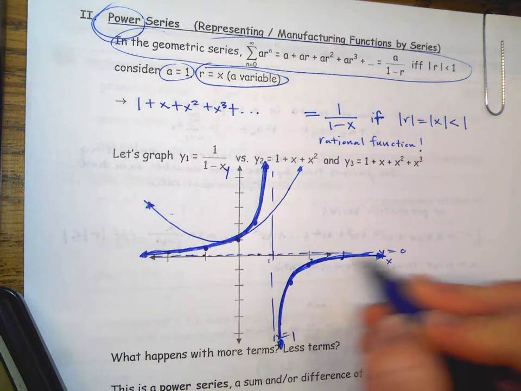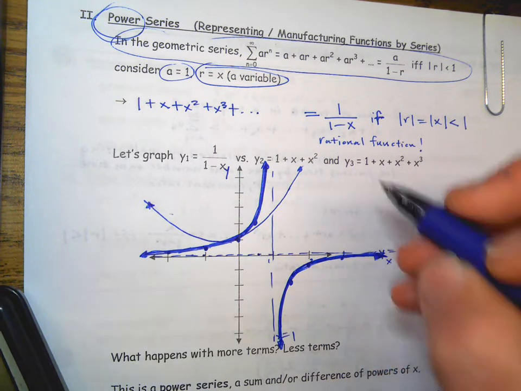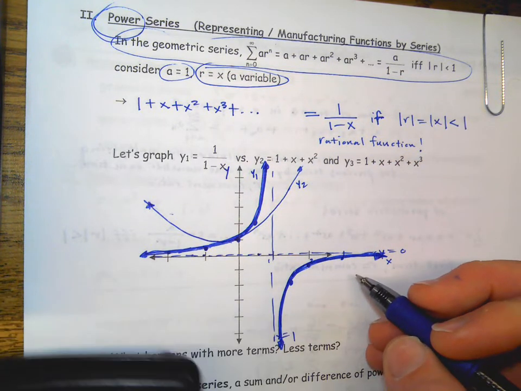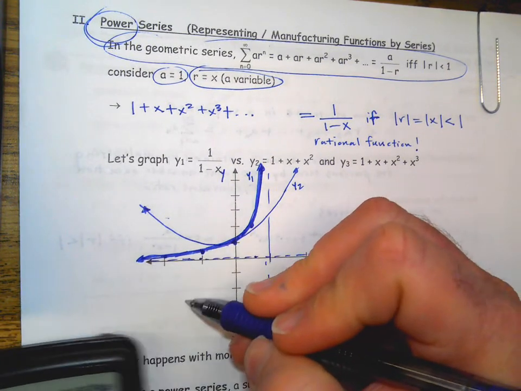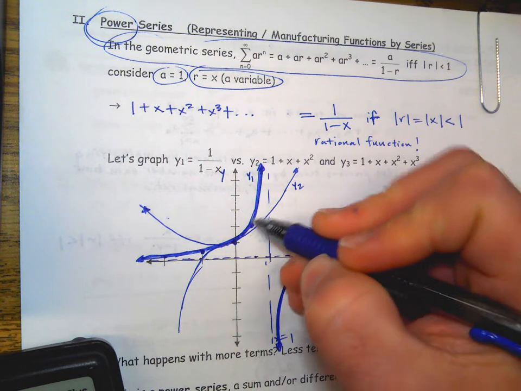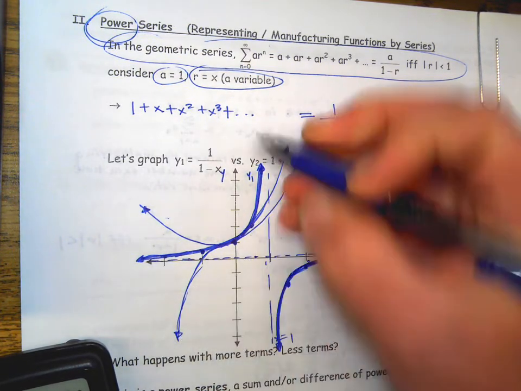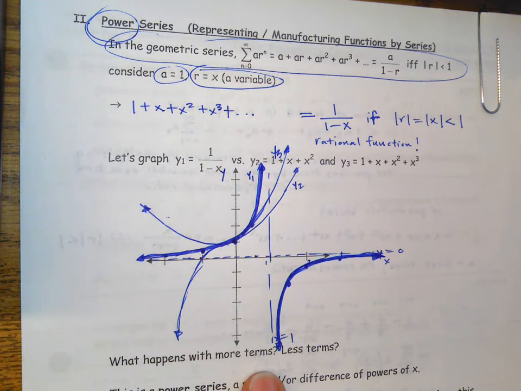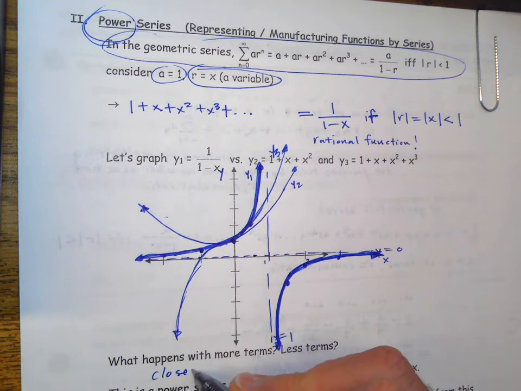This is going to set up so much of what we're going to do this chapter and next chapter. So that was y1. This is y2, and then y3 is a cubic, which you expect. It comes in and hugs the graph a little closer, a little sooner. And then it does start to deviate from it, but not as badly as the other one. Okay? So what happens with more terms? With more terms, this graph starts to become a closer match.